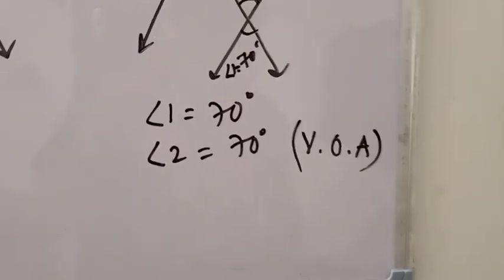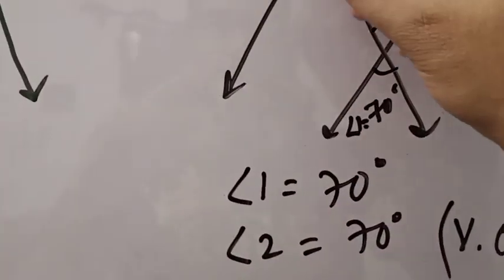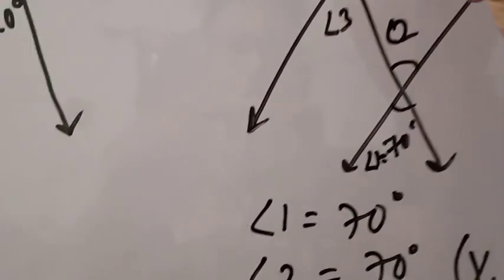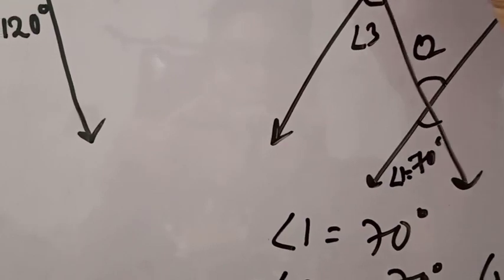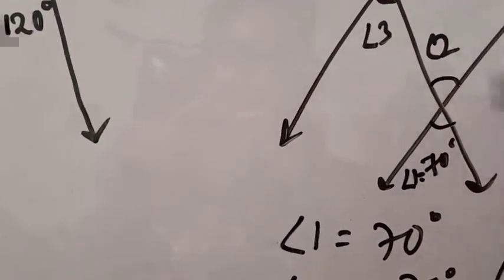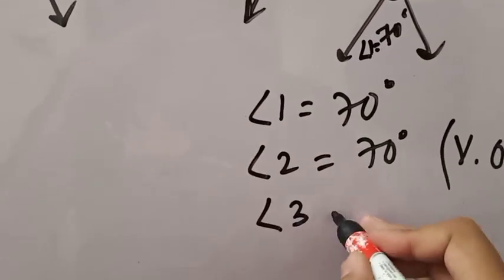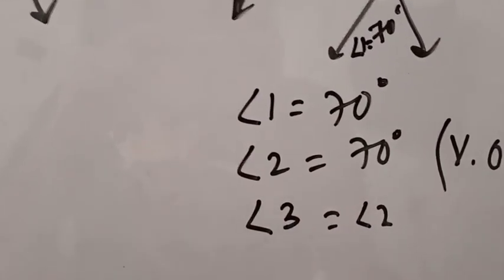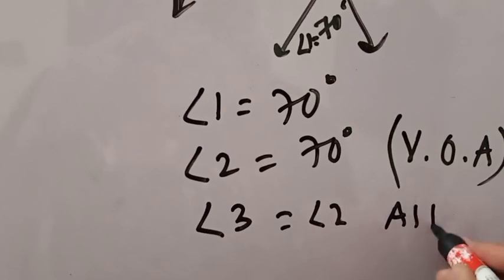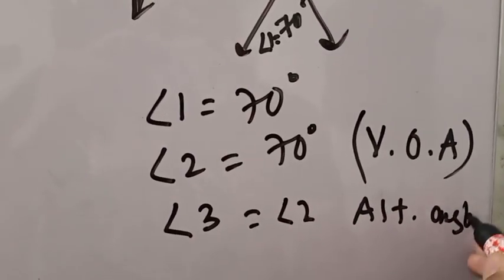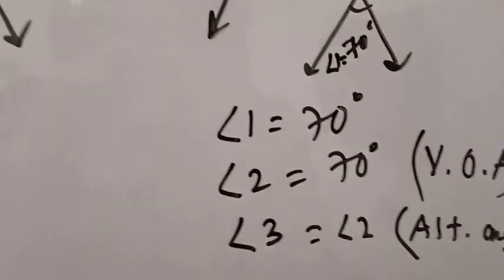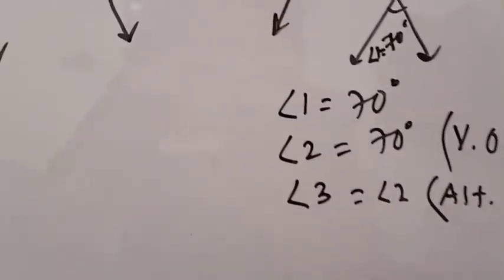Okay. Now if this is angle 3 and I am writing angle 4, x equals angle 4. So now angle 3 equals angle 2. Why? Because alternate angle. So angle 2 equals angle 3, that is alternate angle. So we can write angle 3 equals 70 degree.